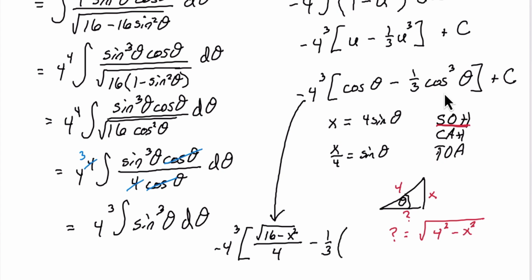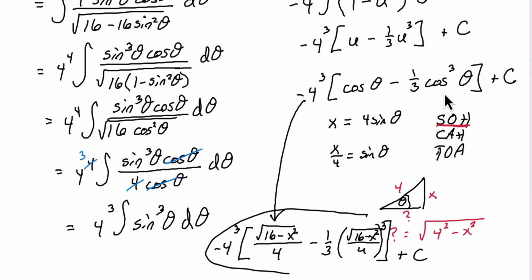Cosine, again, we found to be the square root of 16 minus x squared all over 4, and that is being cubed. And then, of course, we want plus c. So it's a long and tedious process, but we finally got the answer.